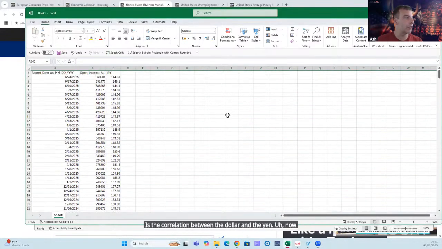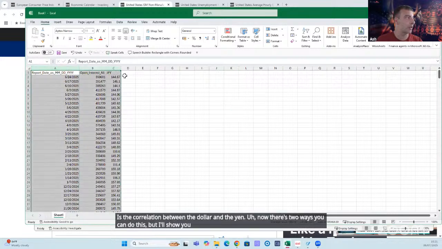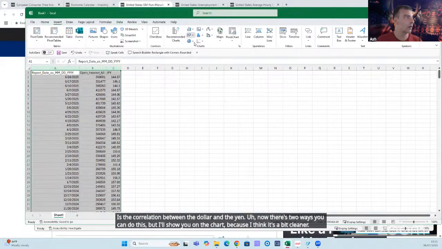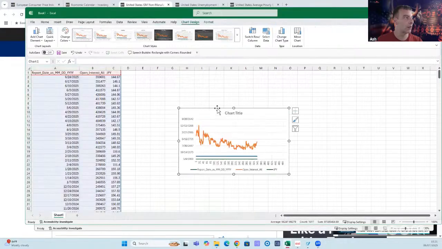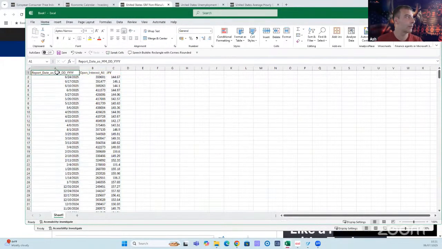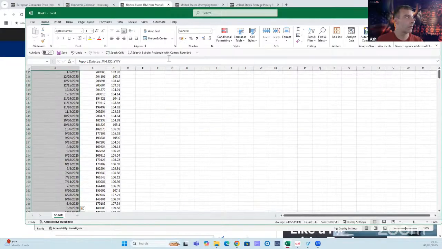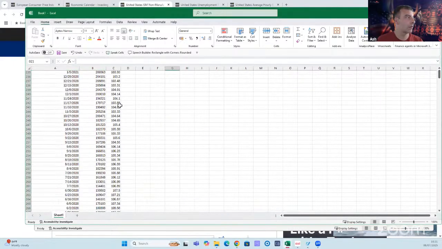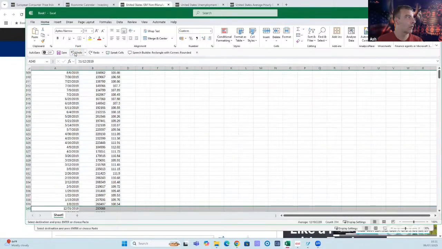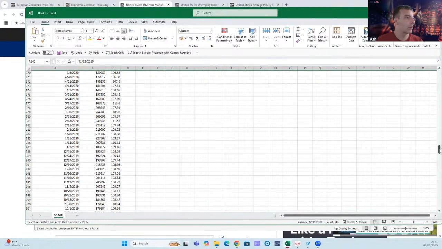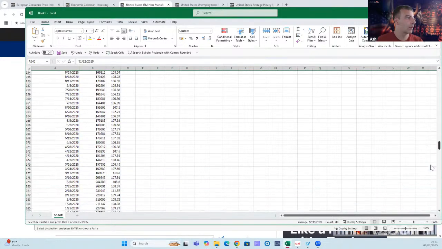Now there's two ways you can do this, but I'll show you on the chart because I think it's a bit cleaner. It's not coming up the way I want it. Where are you? Should be all fine.